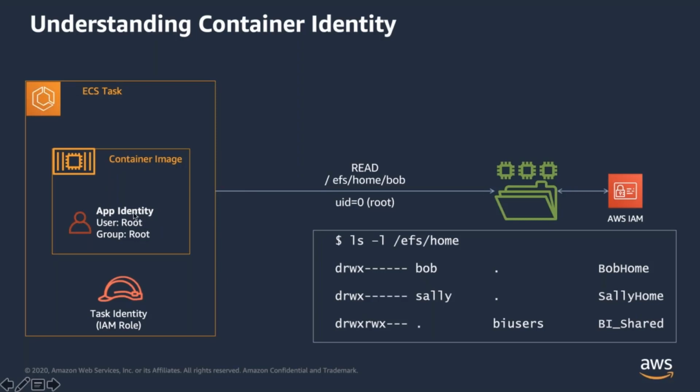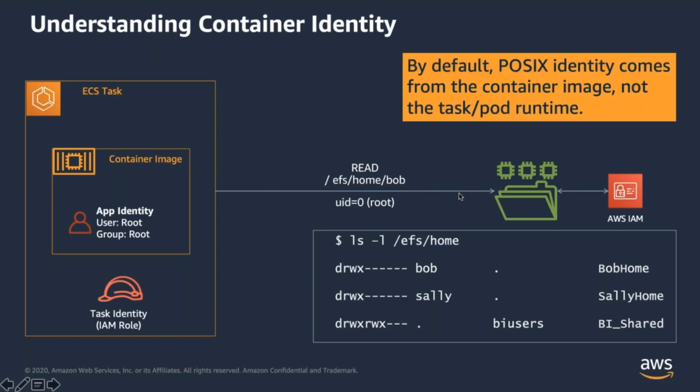So here, this container image was built where the application would run as user root, group root, or user ID 0. At build time, that was decided, and now when you run that application, it tries to do those operations as that user. So the key thing to understand here is the POSIX identity, or the identity that the file system sees, comes from the container image and not anything about the task or pod runtime.